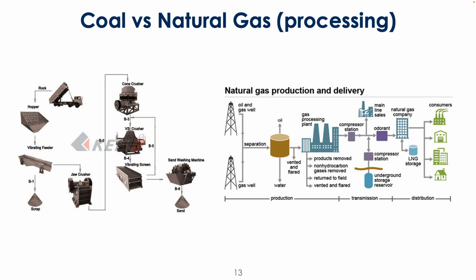Don't quote me on that, but it is a very odorous molecule that helps you detect it by smell. So if there's a leak or something, it's easy to detect. I don't actually know at what stage. Oh, there you go, right there. Yes, after it gets compressed, they add the odorant in.